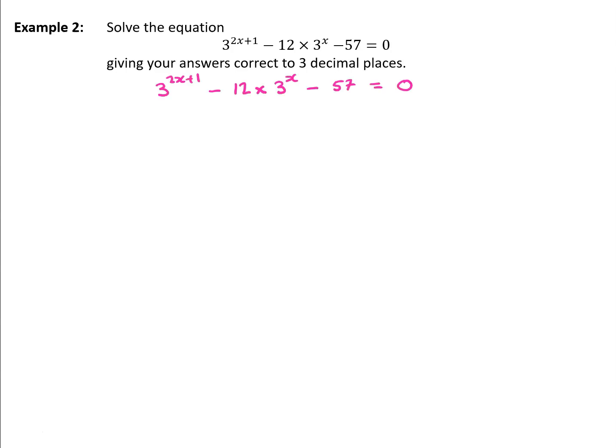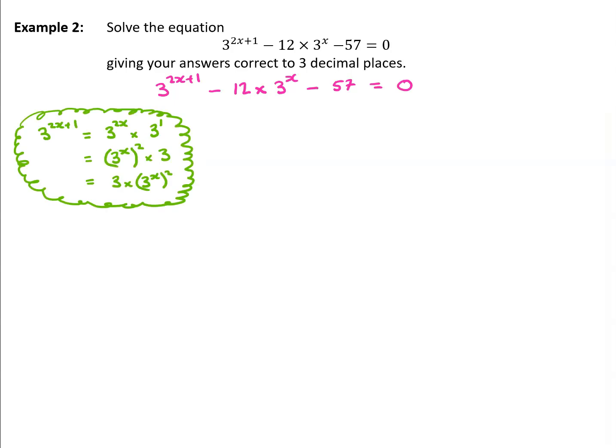The critical thing to do to begin with is to consider the term 3^(2x+1) and use the rules of indices to find a different way of writing it. 3^(2x+1) is the same as 3^(2x) times 3^1, and 3^(2x) is the same as (3^x)², still times 3^1, which is 3.